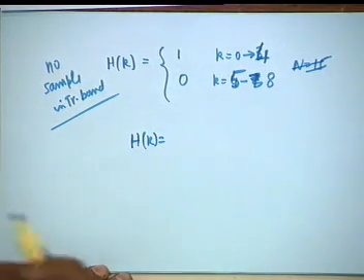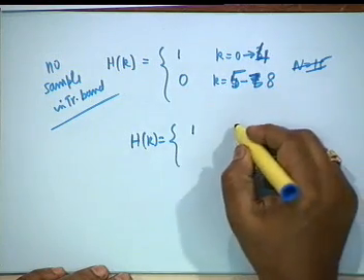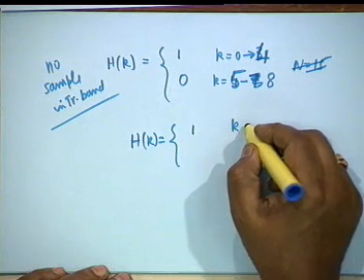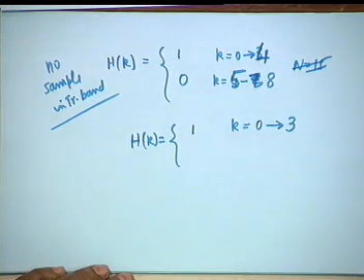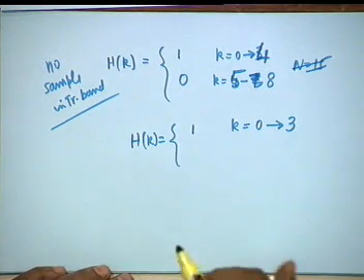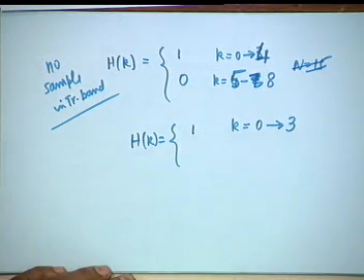And if you allow a linear transition band, then obviously the value would be 1 from k equal to 0 to 3, right, not 4 now, because you are allowing 1 in the transition band.